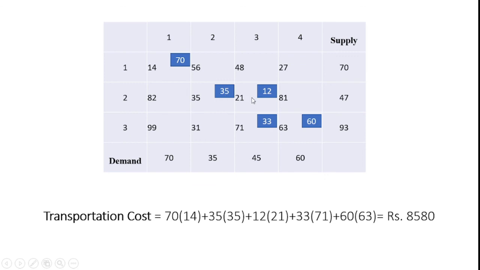Then in the second row, third column, I allotted 12, so 12 into 21. After that 33 into 71 with respect to the third row. Then moving right, I allotted 60 to the fourth distribution cell, so 60 into 63. Summing all these together, I get rupees 8580 for this transportation model problem.